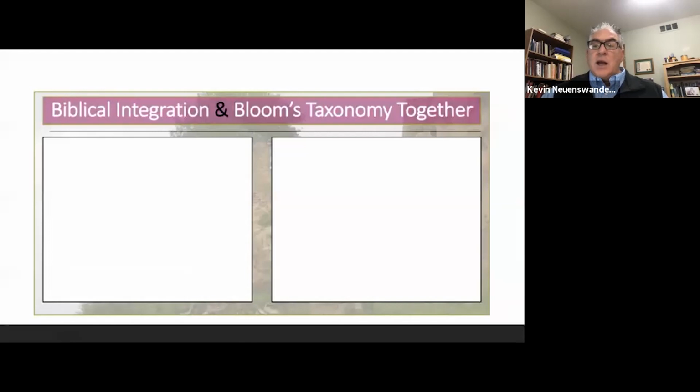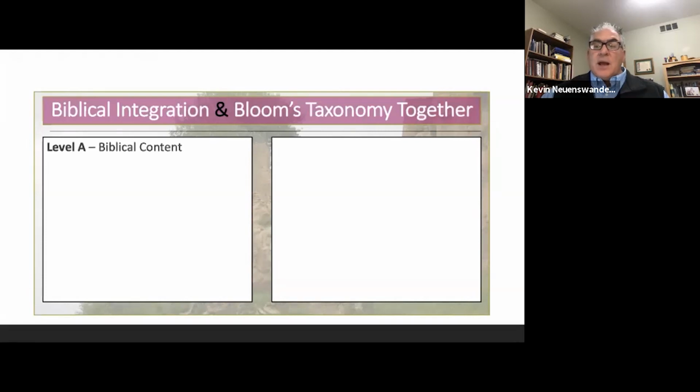So here we go. The idea behind the biblical instrument is the degree of connection between the Bible and what is being taught. Each one of these levels is useful if used correctly. You'll notice that as the biblical integration level rises, the level of cognition doesn't necessarily increase the same way.